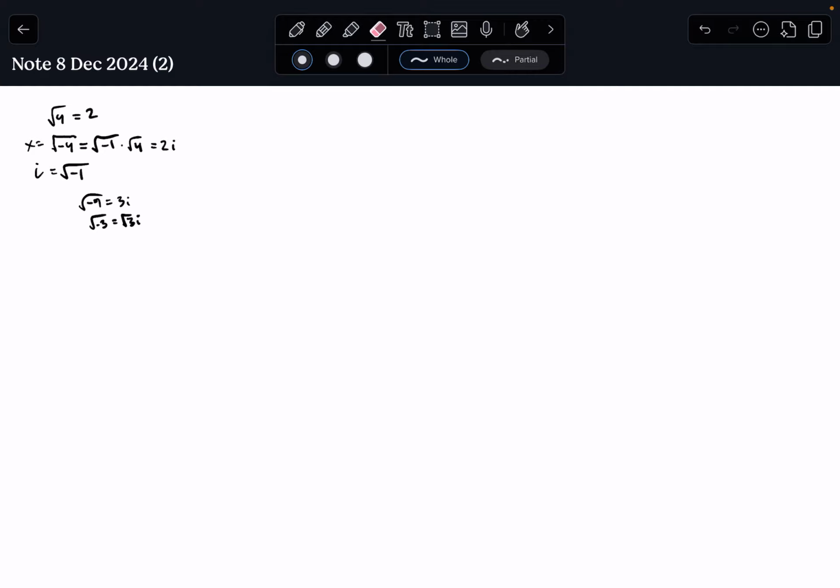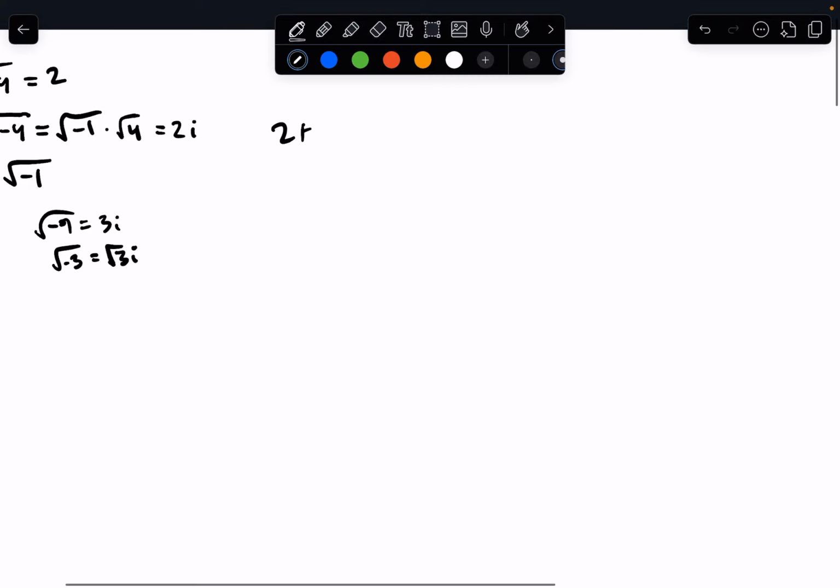However, say we have something like 2 plus 3i. So it's 2 in the real domain and 3 in the imaginary domain. The complex domain means that you have a combination of a real number and an imaginary number. And technically, these coefficients could be 0.